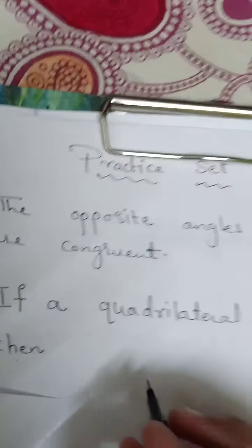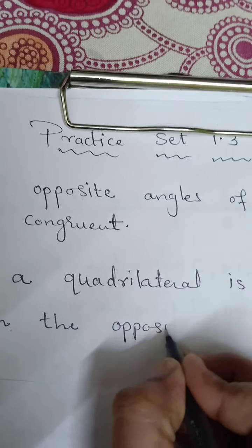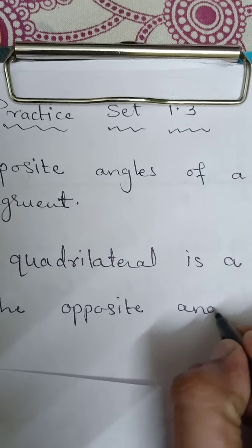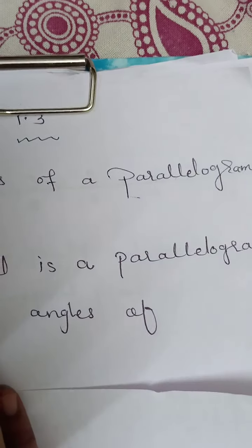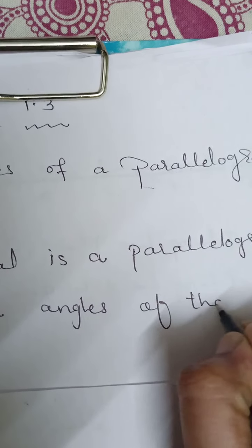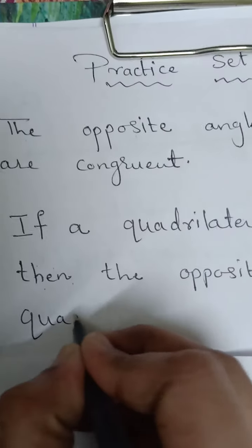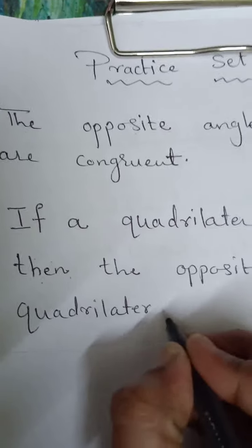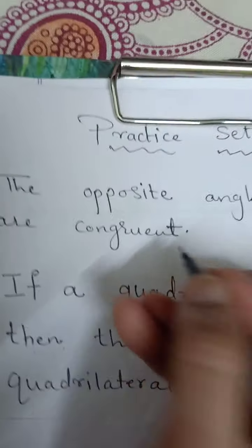So then the opposite angles of, and in the place of a parallelogram we will write that quadrilateral are congruent.